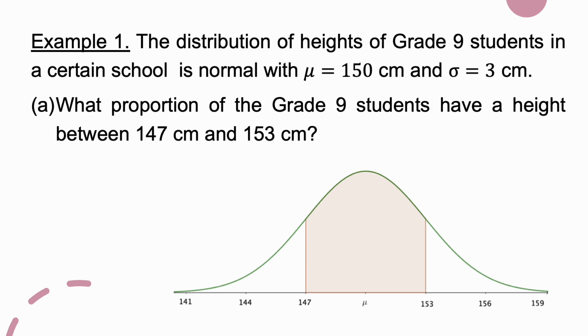Observe that 147 and 153 are one standard deviation from the mean. Kasi 150 minus 3 is 147, 150 plus 3 is 153. Since one standard deviation siya from the mean, then we say that approximately 68% of the data values fall within 147 to 153 centimeters.